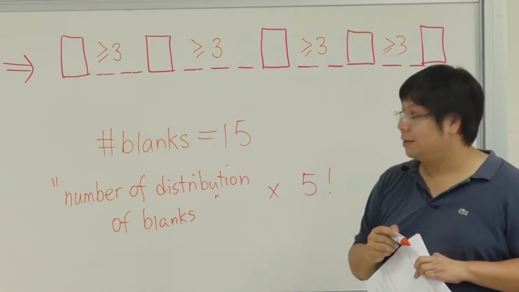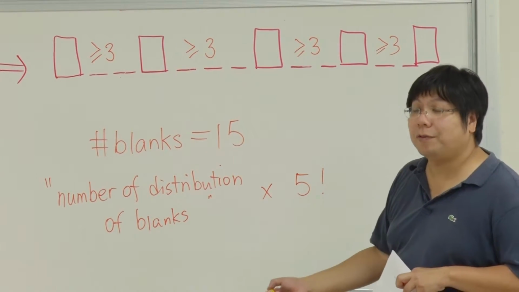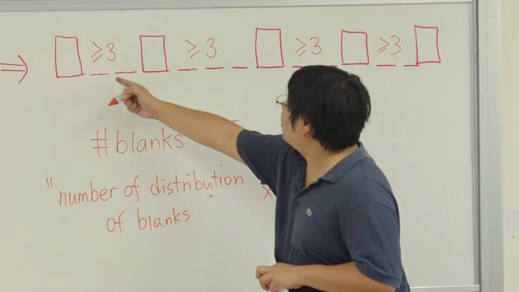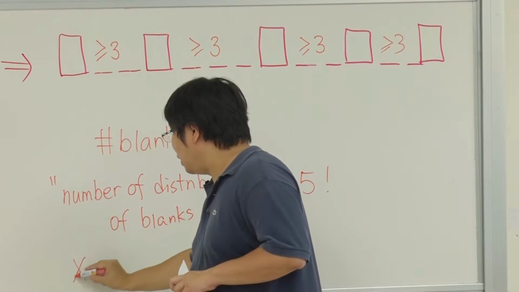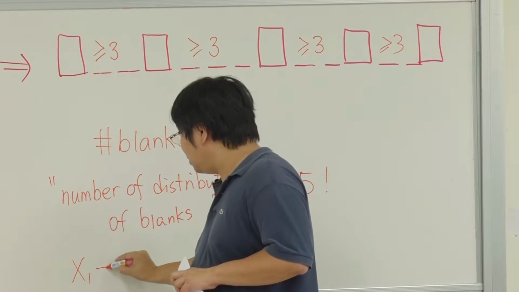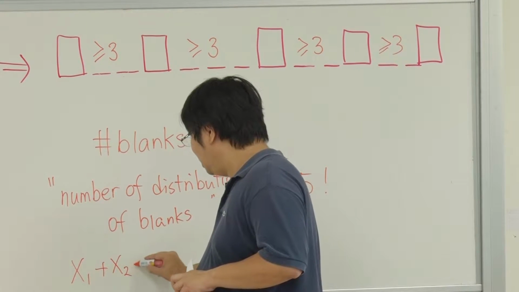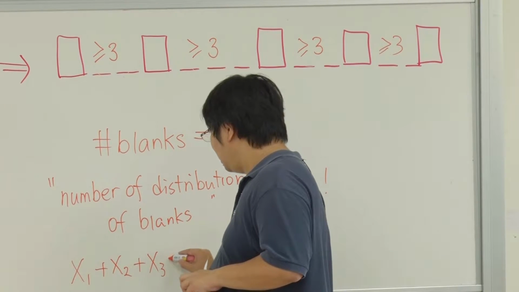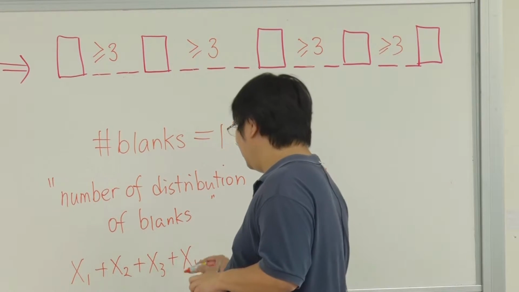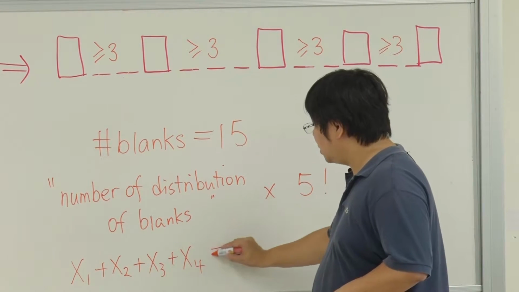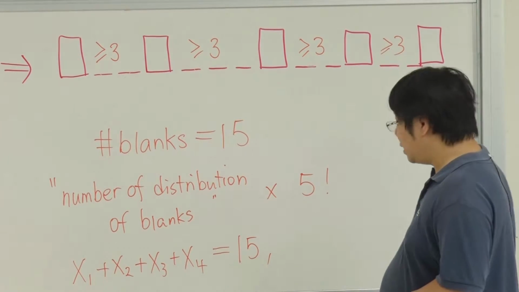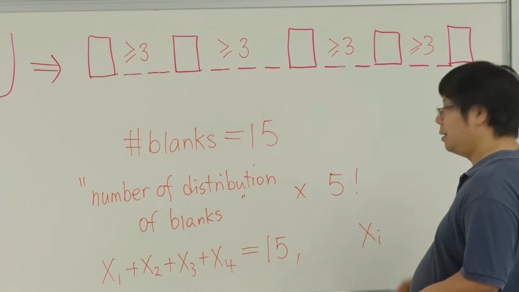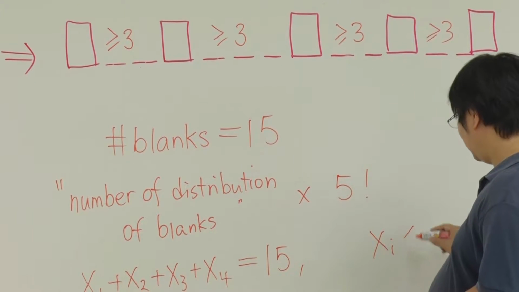Is that okay? And how many distributions of the blanks can we have? So there are 1, 2, 3, 4 gaps. So we are solving actually x1 plus x2 plus x3 plus x4. We need this to sum up to be equal to 15. And then each of these xi has to be what?